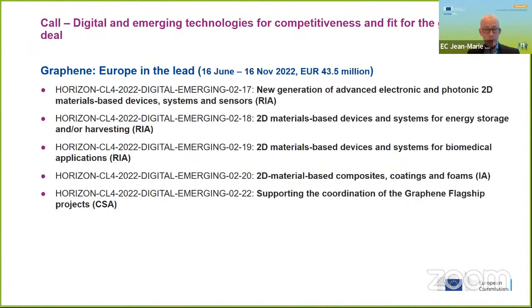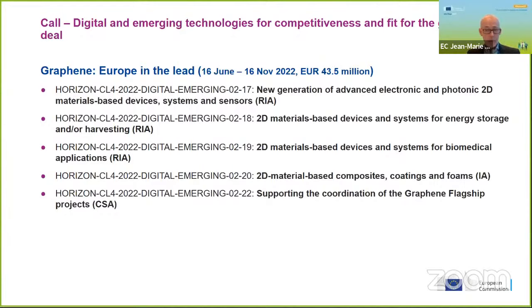So really, as I said, they will be at the core of the continuation of the Graphene flagship in Horizon Europe. So these projects will therefore have to continue the research and innovation activities that were initiated in the Graphene flagship in Horizon 2020, and that in several application areas.